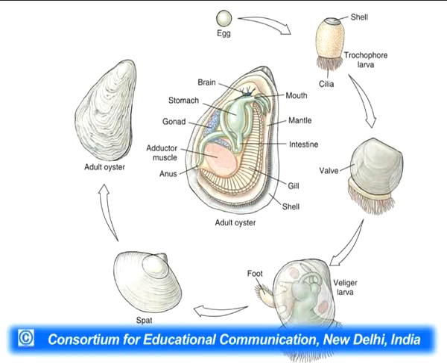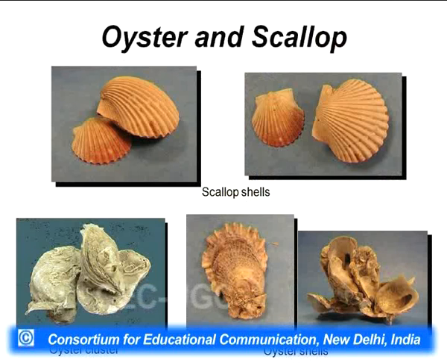In case of the freshwater bivalves, there is one more larva which is called the Glochidium larva, and this larva gets attached to the body of fishes and is taken to places along with the fish, and when it has to change into the adult, it leaves the fish and then settles down at the bottom.